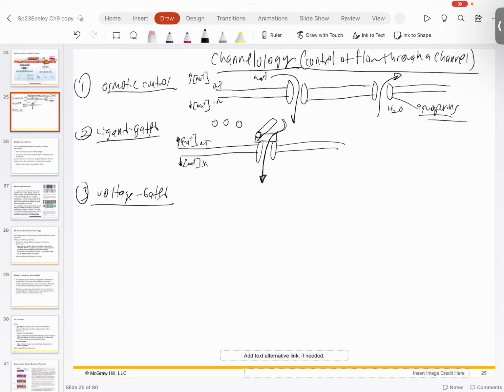So I'm going to start it off, by the way, with a ligand gate. I'm going to draw the same system. And then I'm going to go voltage on you.